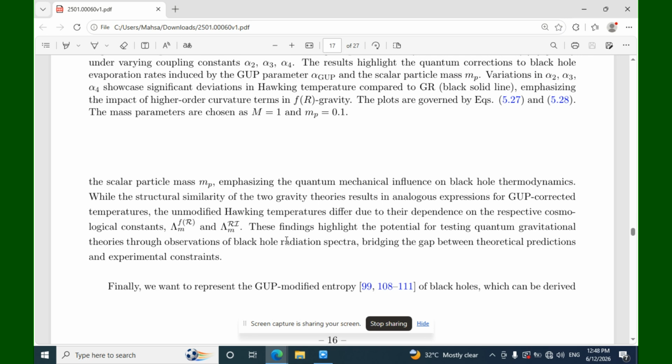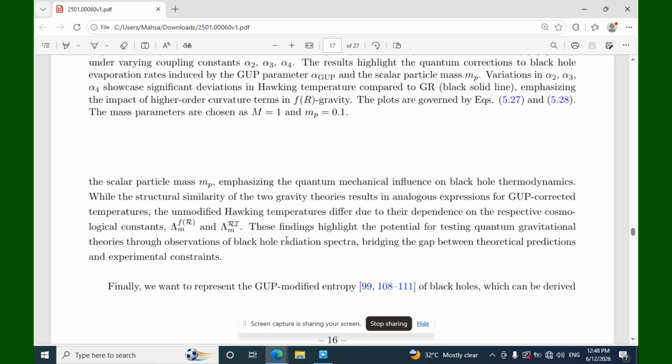While the structural similarity of the two gravity theories results in analogous expressions, the GUP corrected temperature and the unmodified Hawking temperatures differ due to their dependence on the respective cosmological constants, Lambda to the power of FR and Lambda to the power of Ricci inverse.